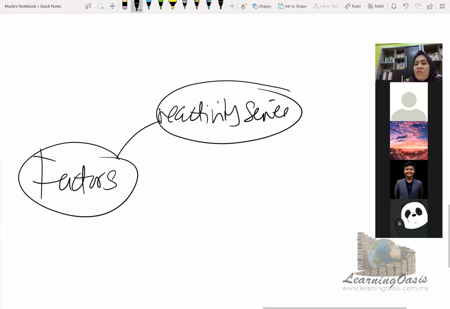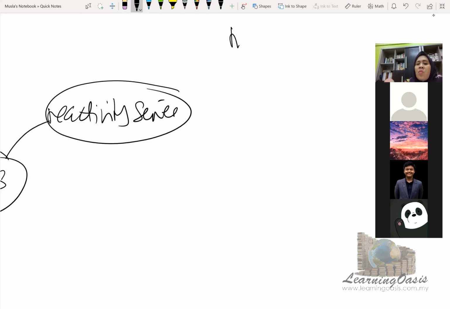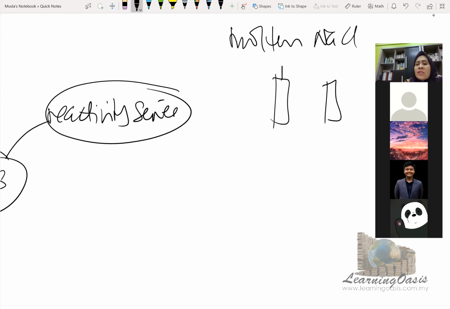Okay, if I electrolyze molten sodium chloride, what ions are present? Na plus and Cl minus.